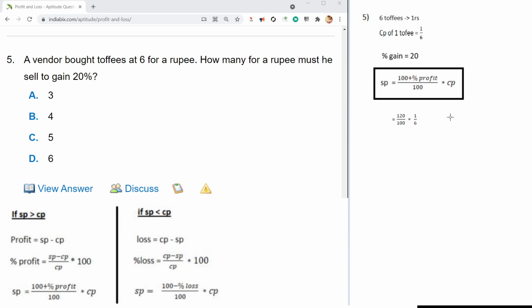So we get the selling price of 1 toffee is 20 paise. Then for 1 rupee we get 5 toffees. So option C.